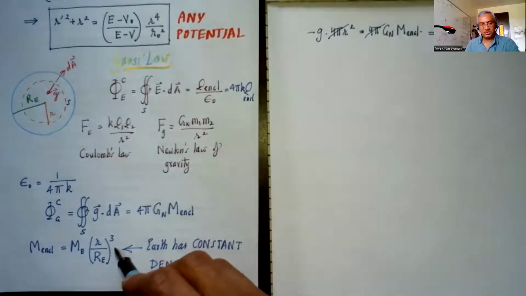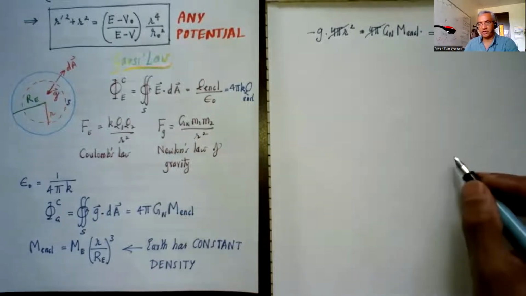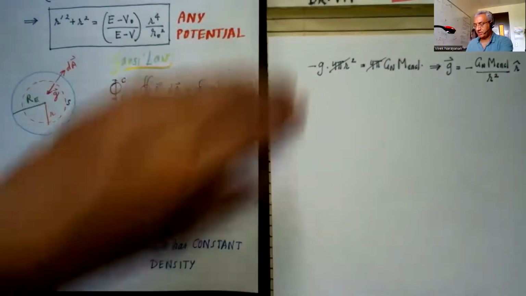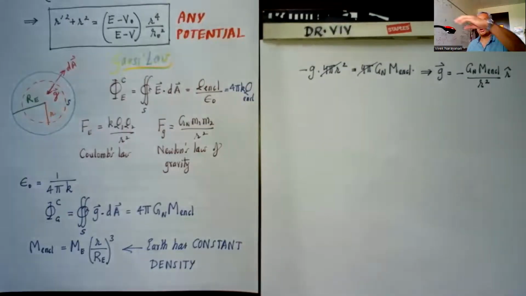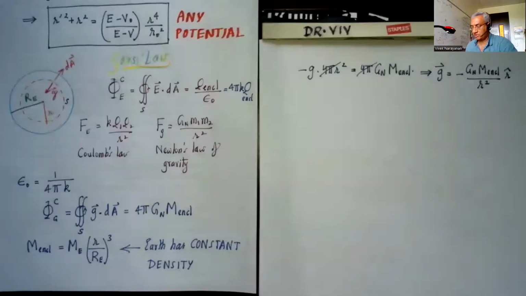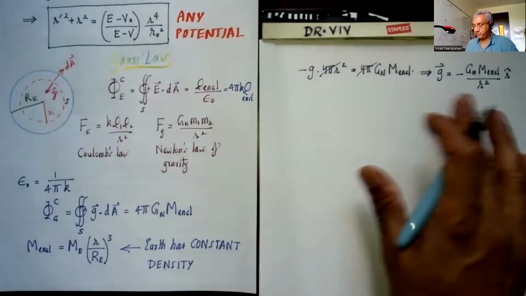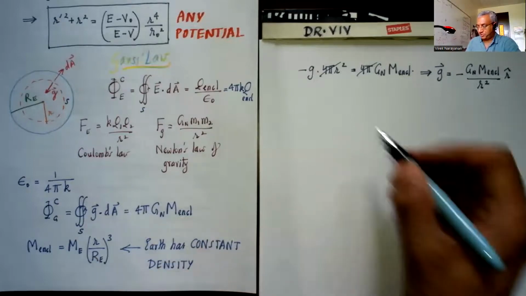Sorry, I forgot that my screen mugshot covers up some of the writing. Anyway, that's what you have if you solve this equation and put vector signs everywhere. Now M enclosed is that, so I'll substitute it.